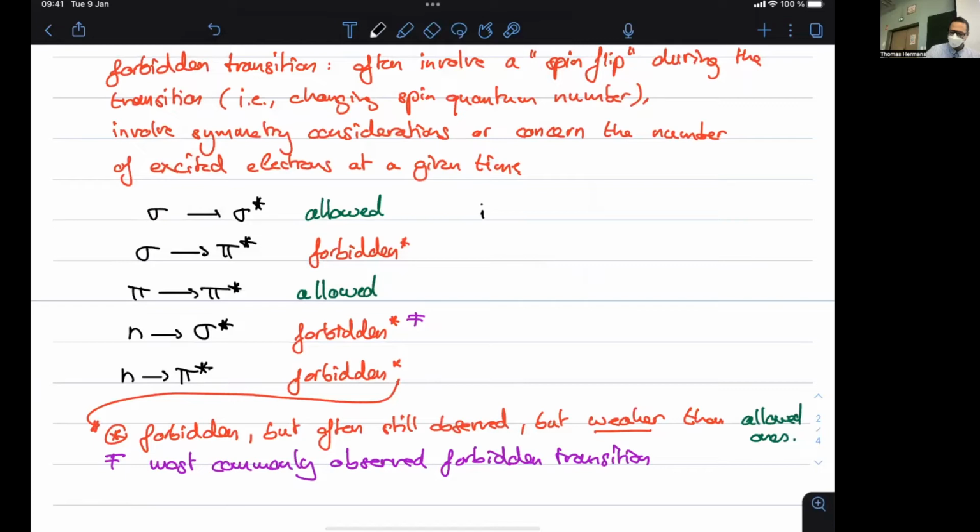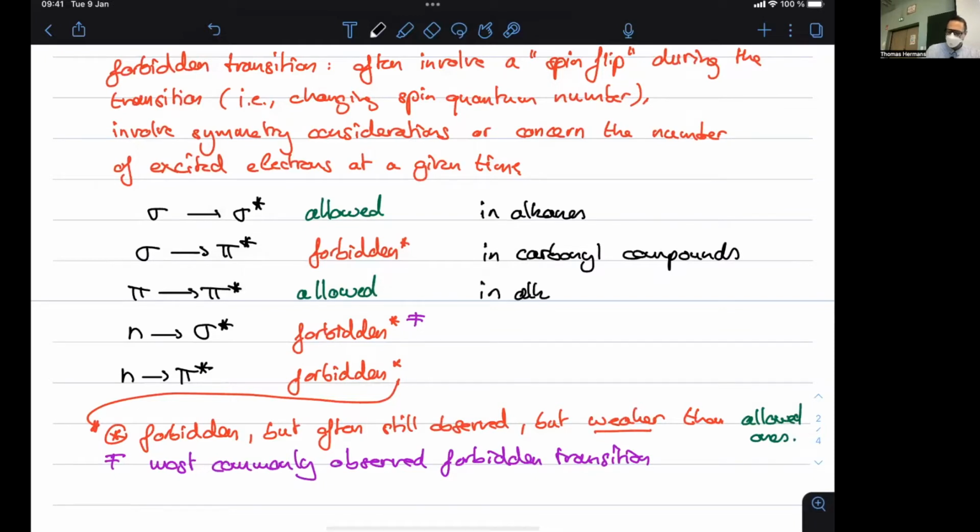Okay. So where do these transitions usually happen? So in alkanes, right? So in an alkane, you only have sigma bonds. So you only have sigma orbitals, right? In carbonyl compounds, we'll get back to the carbonyls.